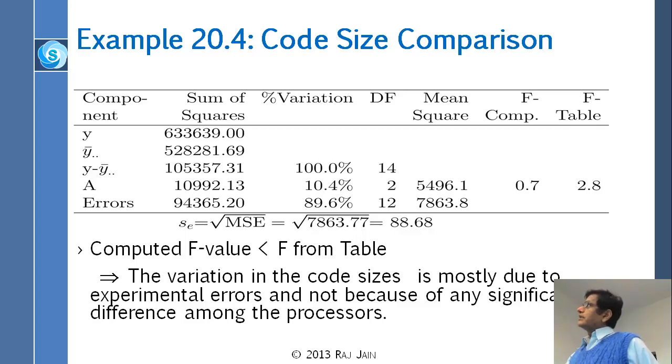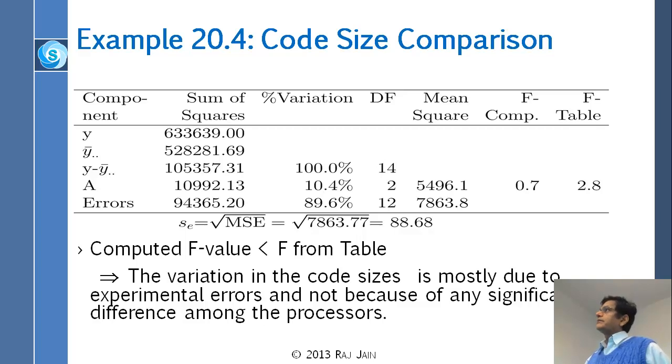So then the mean square you get by dividing SS by the degrees of freedom. 10,992.13 divided by 2 is 5496.1. Similarly, that number divided by 12 is 7863. Now the ratio of these two, A upon the errors, is 0.7.